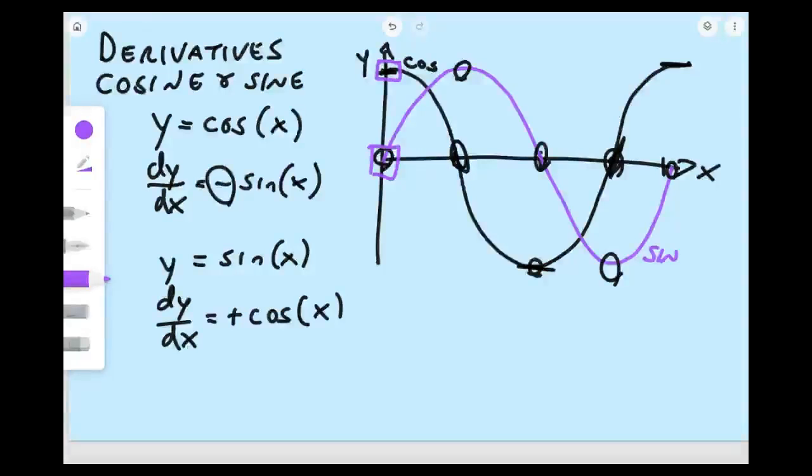We go up on the sine curve here. There's 0 slope on the sine curve, and indeed the cosine is 0 there. At the next location, this is the maximum downward slope for sine, and cosine is at its maximum negative value here. We get to the location where sine has a 0 slope, and cosine is 0 again. And at the last point, it's really just a repeat of the first point.